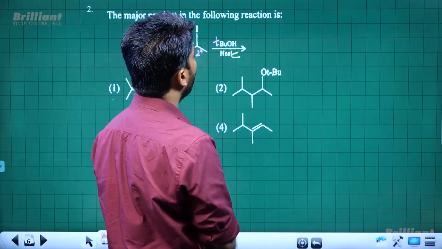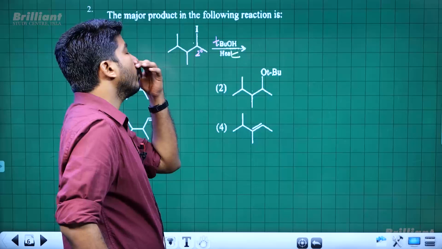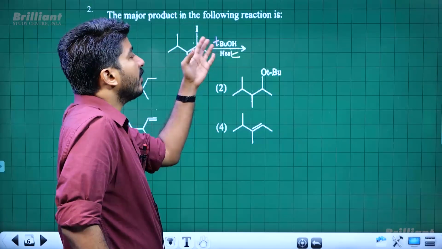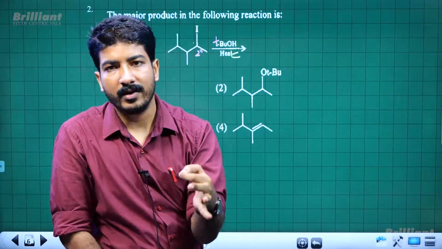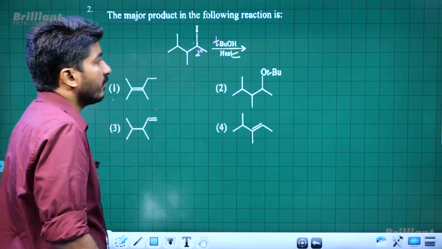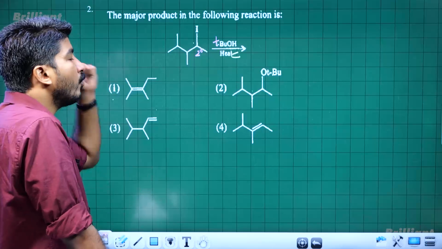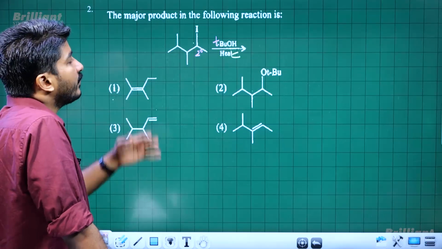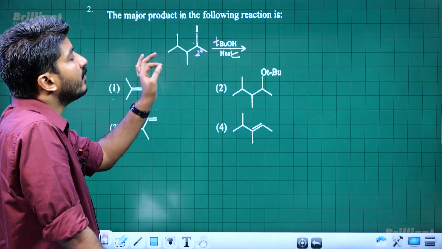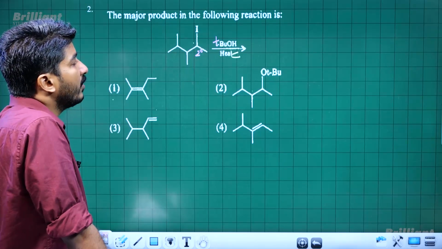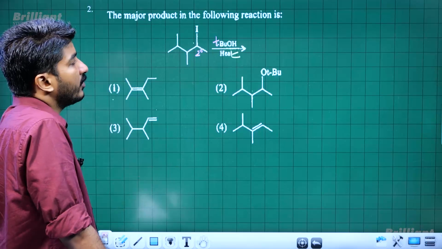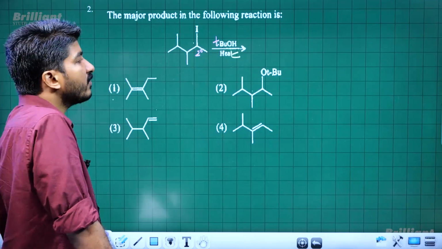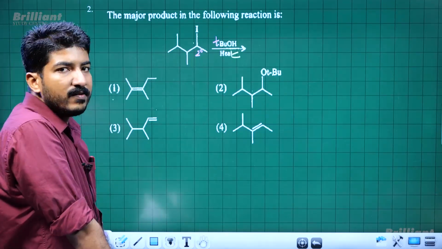If it was H2O, methanol or ethanol, then there is no doubt that it will do an SN1 reaction, our rule 1: the reaction of haloalkanes with small nucleophilic solvent molecules shows SN reactions. And this is a large solvent molecule. Tertiary butyl alcohol is a solvent also, a liquid, and it is a large solvent molecule.